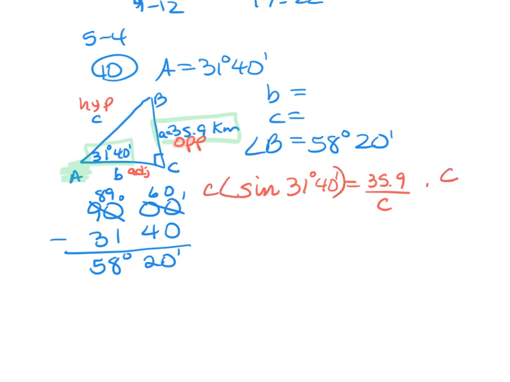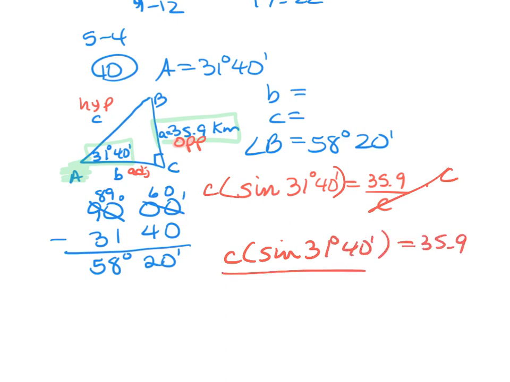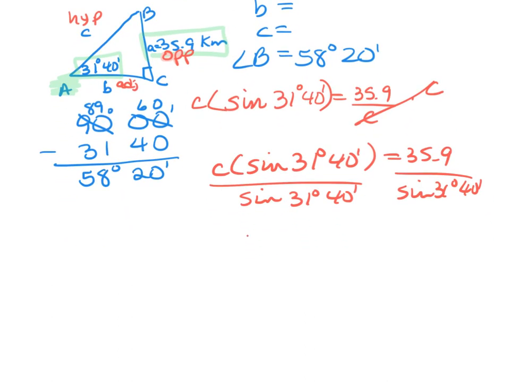So I get C times sine 31 degrees, 40 minutes equals 35.9. Divide both sides by sine 31 degrees, 40 minutes. Once I do that, C is approximately equal to, rounding to the tenths, 68.4.